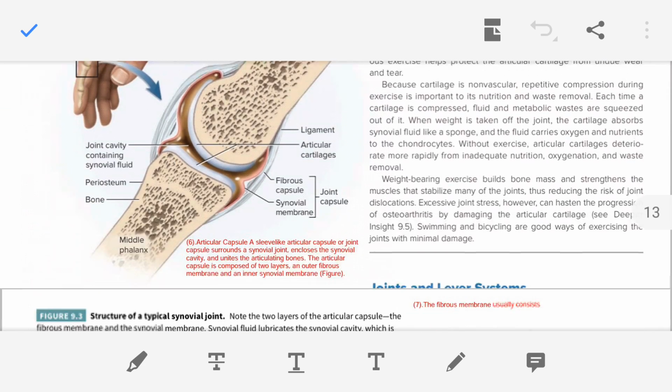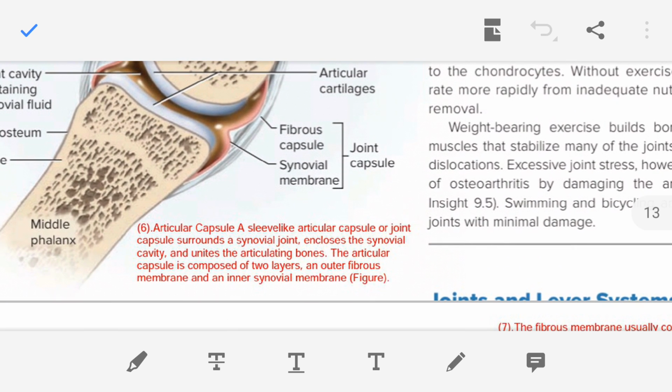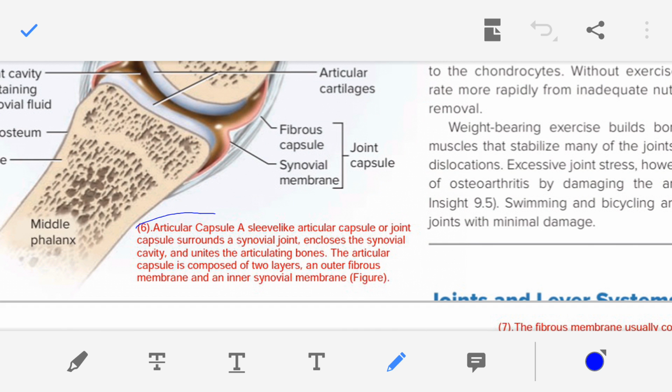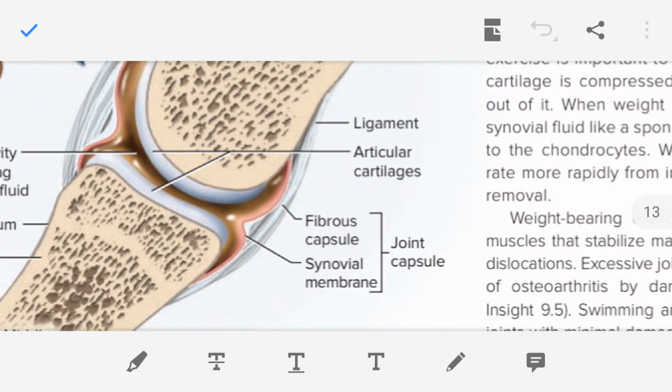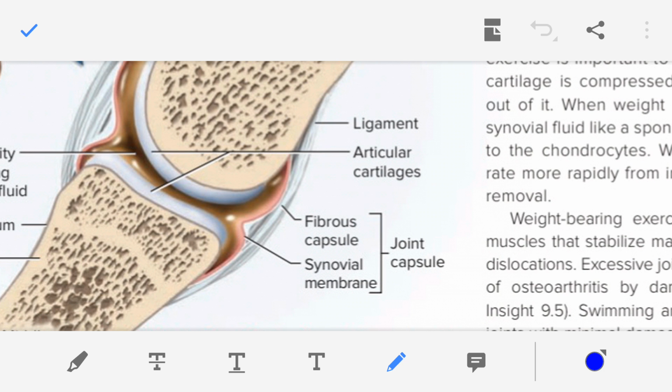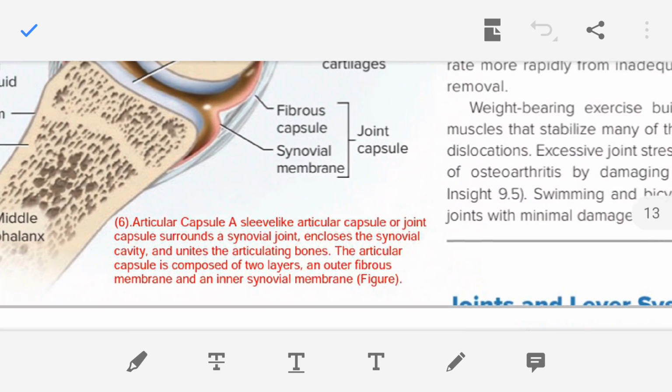Now the sixth point. In the sixth point we are discussing the articular capsule. Articular capsule is also known as the joint capsule. So first over here you observe the joint capsule. This is the joint capsule. Now what is the articular capsule?